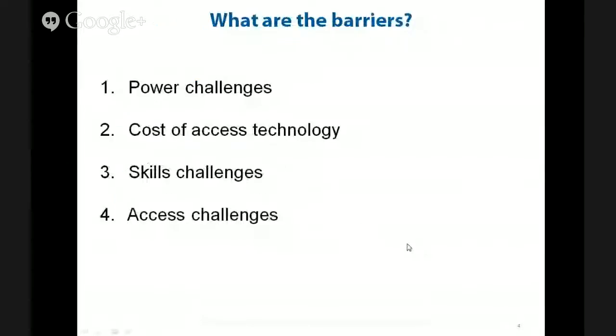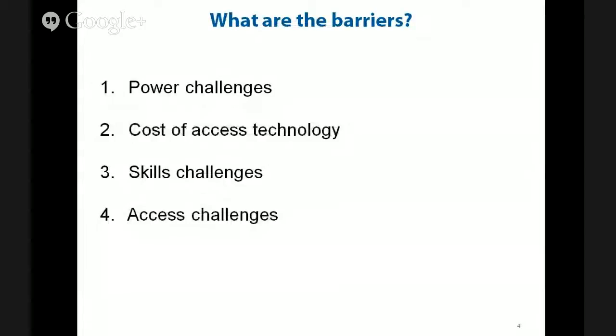So basically these are the challenges, and we can address those challenges. One of the biggest challenges is power. This is one of the biggest barriers for rural mobile connectivity.